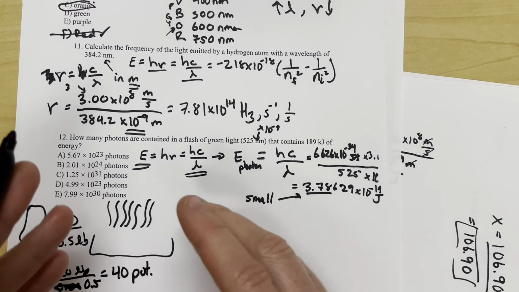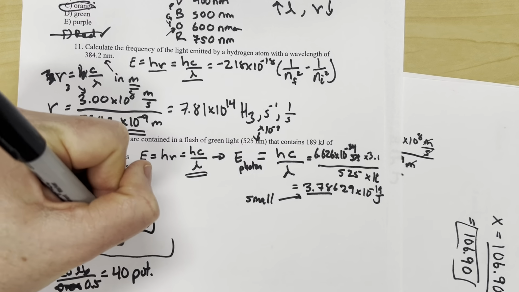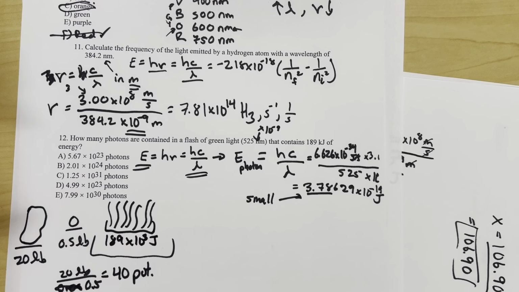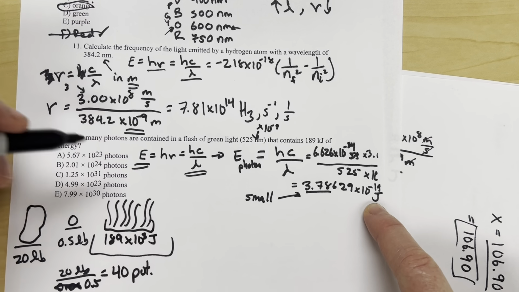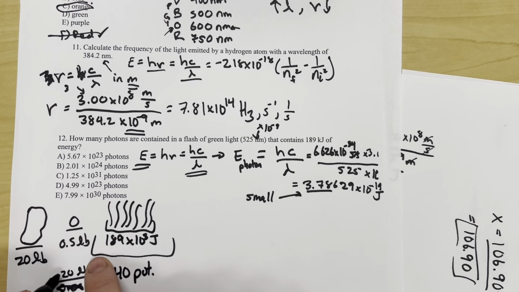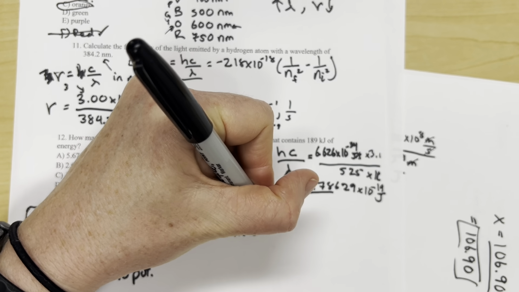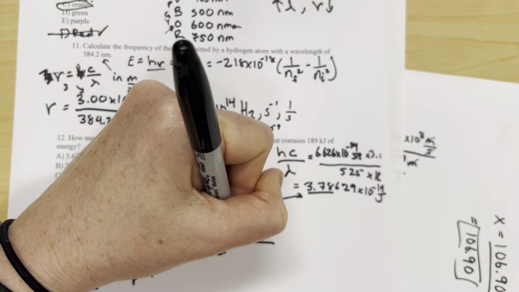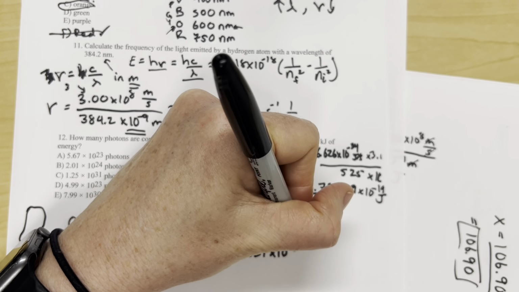Now this is a bundle that all together adds up to 189 times 10 to the third joules, a whole bunch of energy. But one single one of these photons is just this tiny amount of energy. So when I ask you how many there are, well, you take the big number divided by the small number. And we're going to divide it by 3.78629 times 10 to the negative 19.